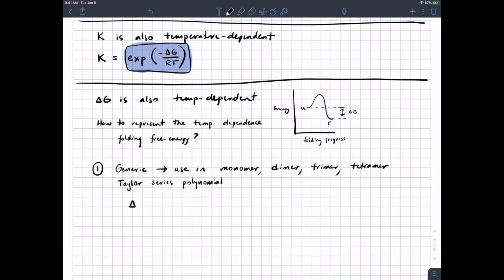We're going to let delta G equal A plus B times T minus some reference temperature, which we'll just call T0 or T naught.